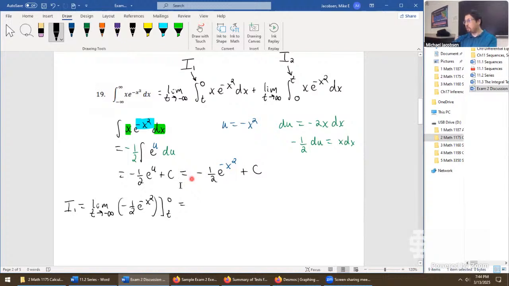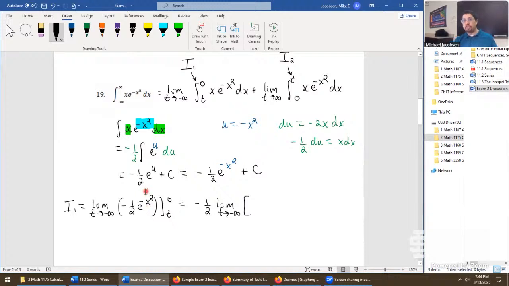So next step, we need to do the evaluation. This is what we would get. Negative 1/2 is a constant. It can move outside of the evaluation block and even to the left of the limit as well. That's a good strategy just because it means we're not having to pay attention to as much stuff inside here where the limit operation really happens.